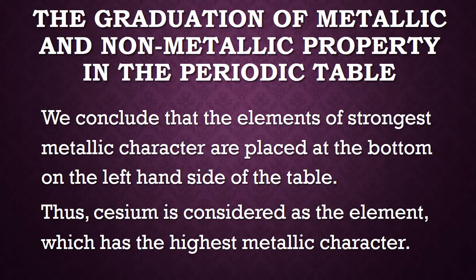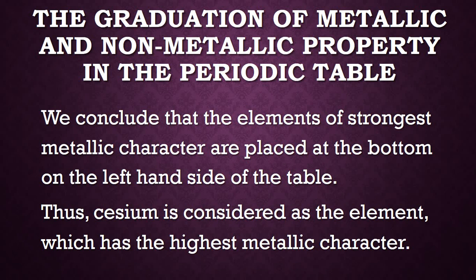Of course, as we go down the group, we can notice that the atomic size or the atomic radius of the atom increases and the effective nuclear charge decreases due to the screening effect and the appearance of extra shells, extra energy levels, and the screening effect of the inner energy levels.